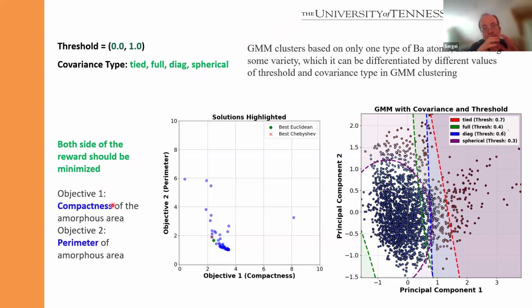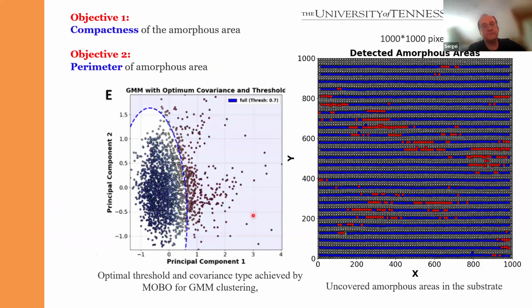So we think that we should balance the classification with having the perimeter of the damaged regions being relatively small. Once we introduce these reward functions, we can cast our problem as the optimization problem. And lo and behold, this is the representation of the decision boundary in this case. And these are the amorphous regions that we have found.